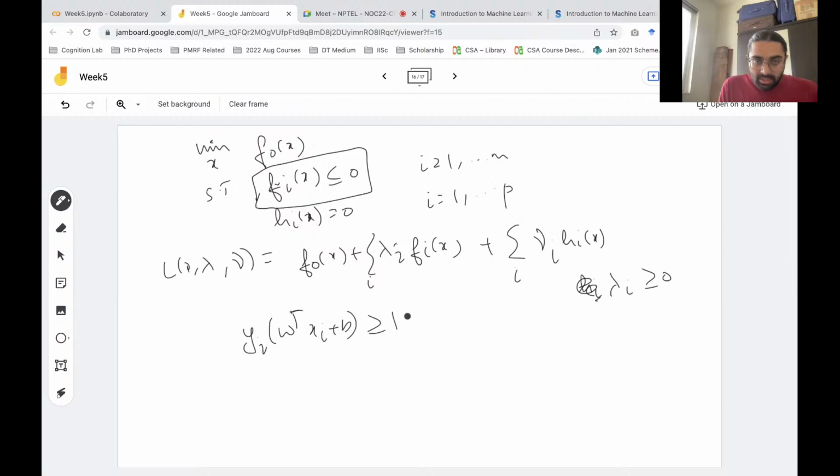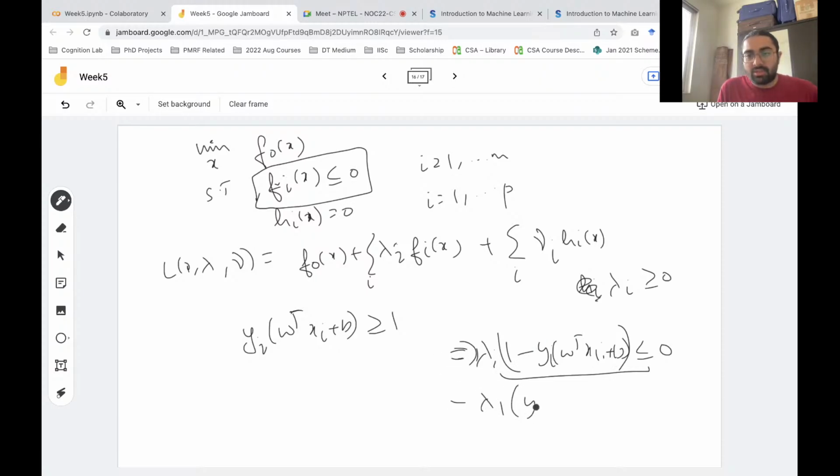To make it less than or equal to 0, you write 1 minus y i times w transpose x i plus b less than or equal to 0, and hence you get this with lambda, I mean alpha i, whatever. And in case you want the other way, you can just use the minus sign and it becomes like this.